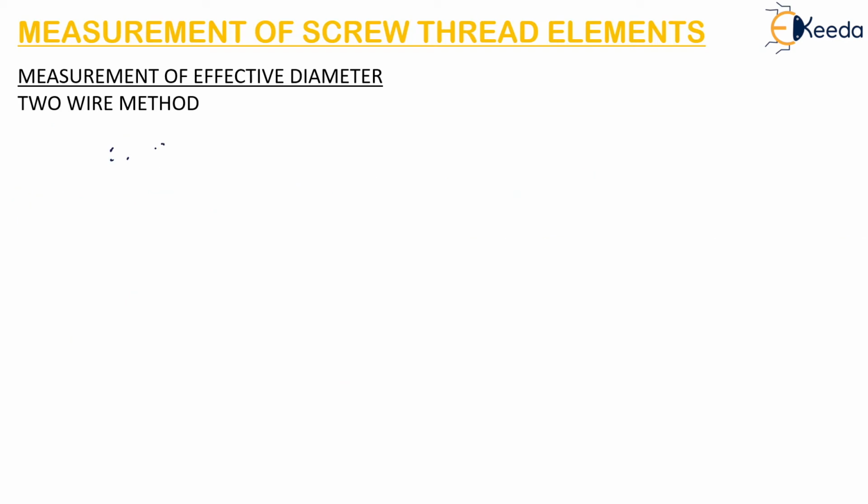So we can write the value of C as P by 2 into cot of theta by 2 minus d into cosec of theta by 2 minus 1.